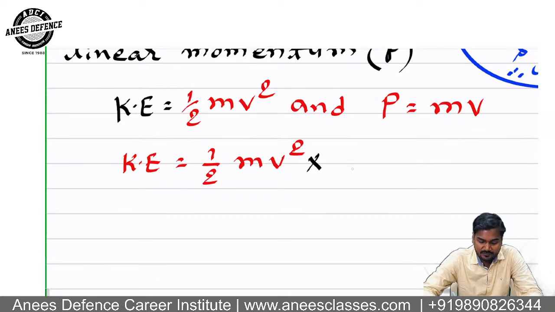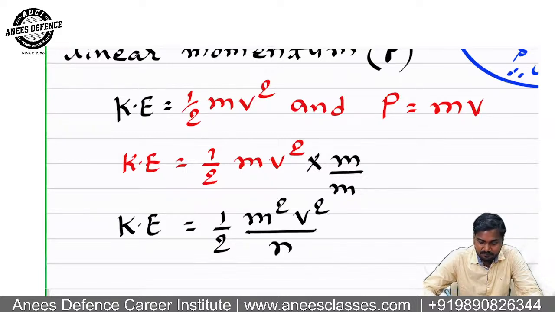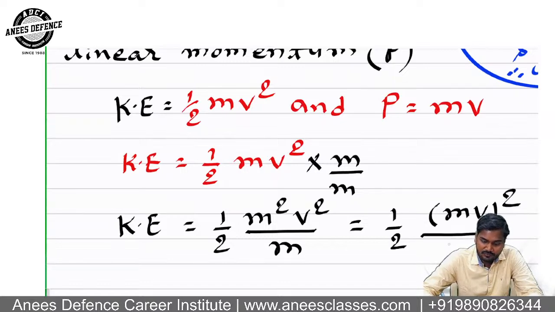Multiply and divide this formula by the mass of the object, m by m. Now you can write kinetic energy is equal to half m square v square upon m. Again you can write half mv whole square upon m.